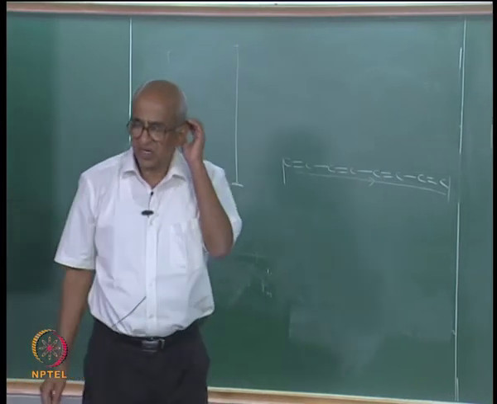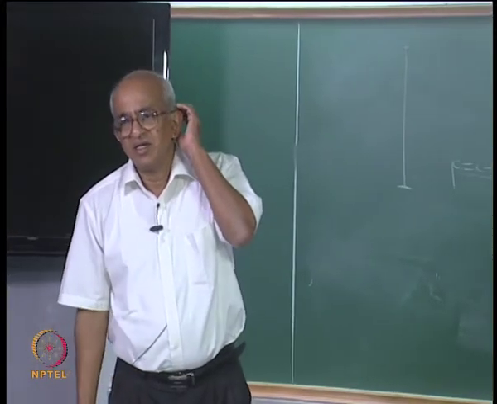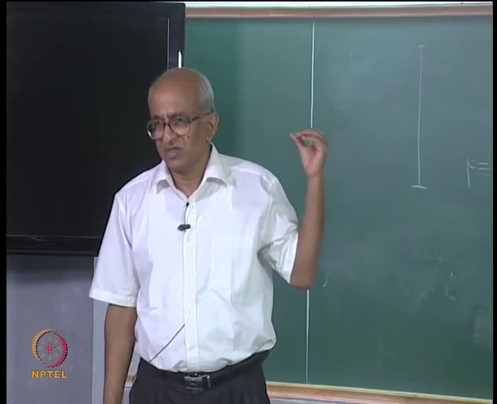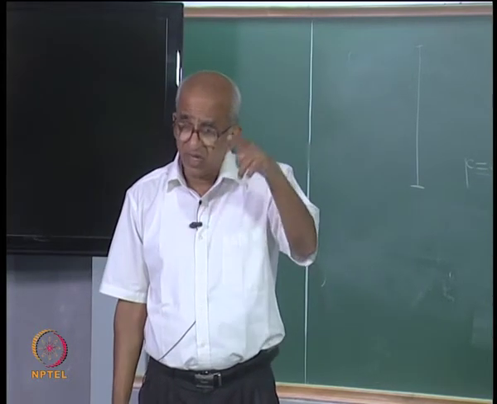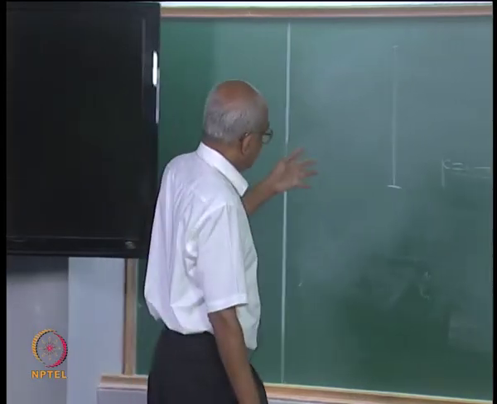If I am crazy enough, I can say, okay, maybe the gravitational field of the earth is important. I want to see whether the gravitational field of the earth is important. How will it affect the motion of the electron, right. So, you can say that there is a perturbation.